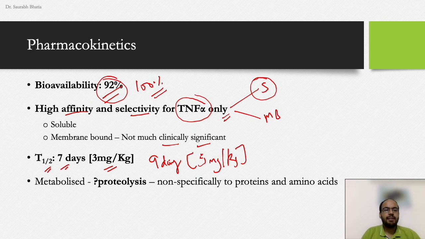Now, it is metabolized by proteolysis. See, remember that immunoglobulins are essentially protein molecules. They are made up of amino acids. So they will get degraded as the normal immunoglobulins in our body get degraded. So degradation is by proteolysis, and it gets broken down non-specifically into different proteins and different amino acids.